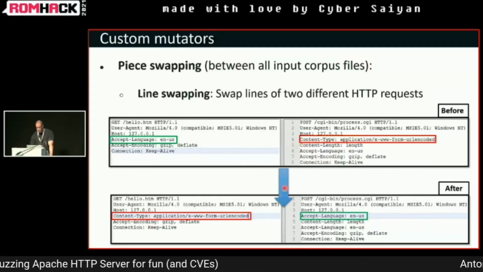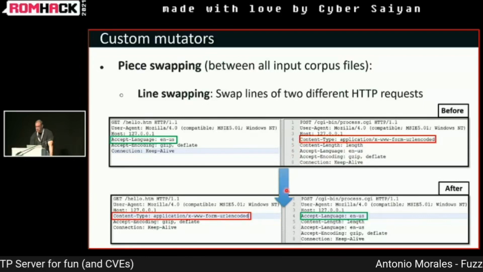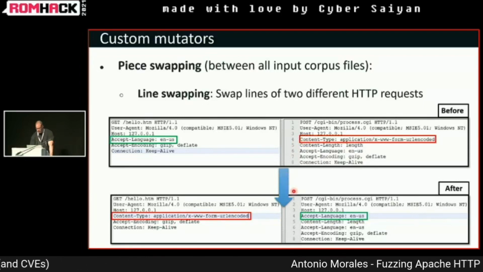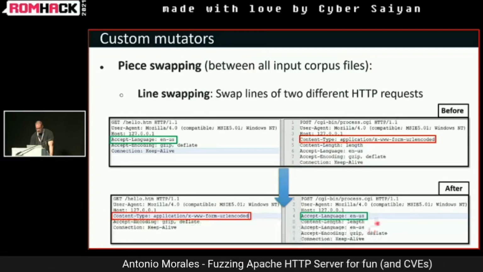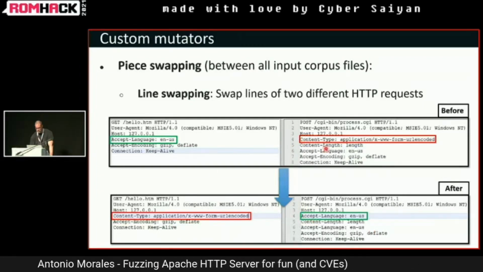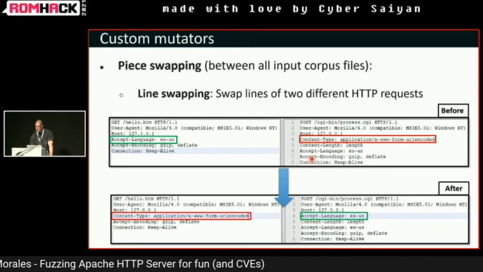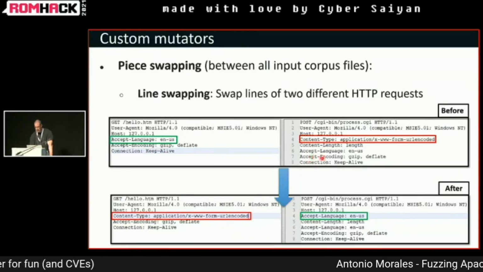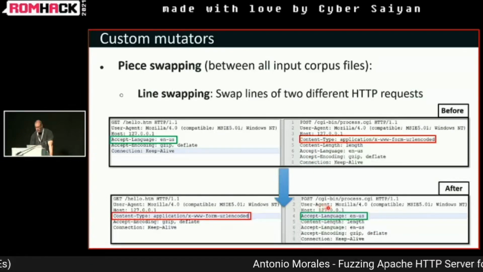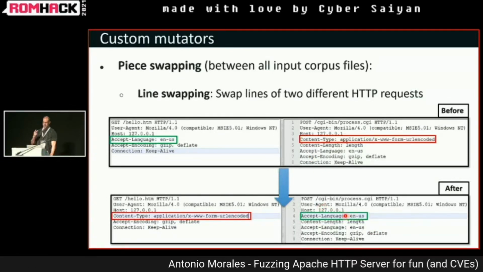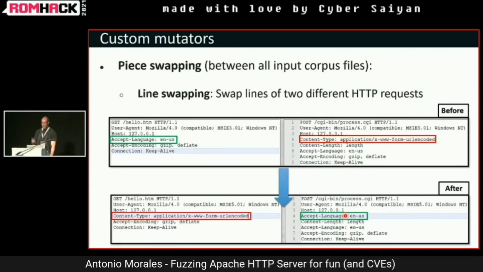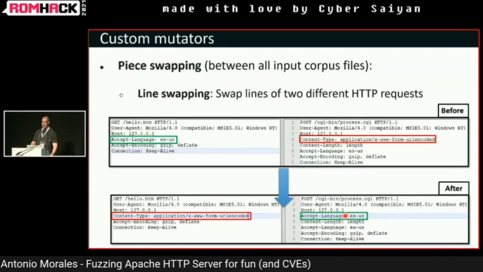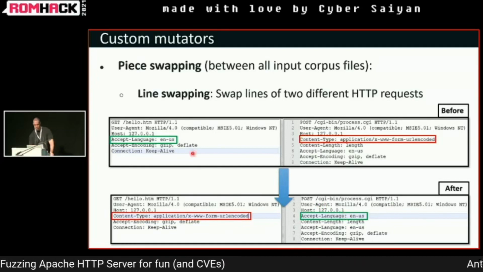And below, you can see an example of mutation where the content type and the accept language headers have been swapped. So now the POST request has two different accept language headers, while the GET request doesn't have any accept language header.